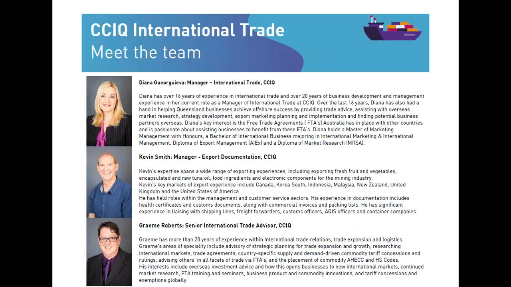Our team. I feel privileged to manage 10 exceptional business professionals, 5 in Brisbane and 5 in regional Queensland, covering Sunshine Coast, Mackay, Cairns, Townsville, Rockhampton, Gold Coast and Toowoomba. Our senior international trade team is based in Brisbane head office. Our team in Queensland, Brisbane and regional Queensland service over 1,700 exporters throughout Queensland.